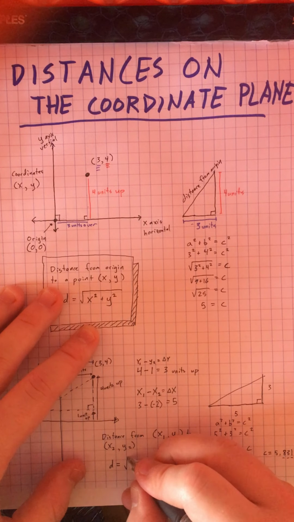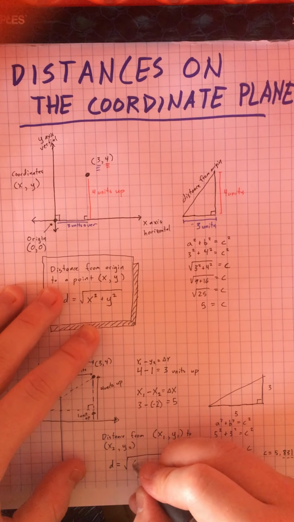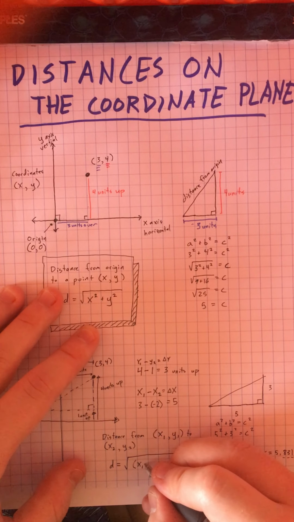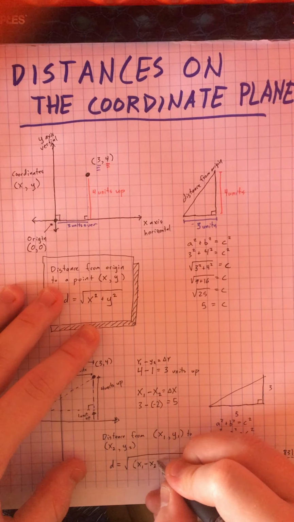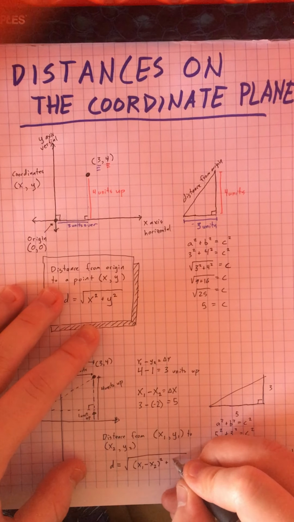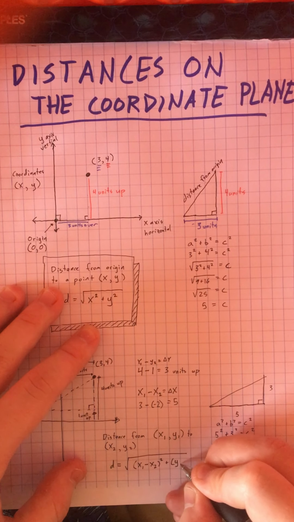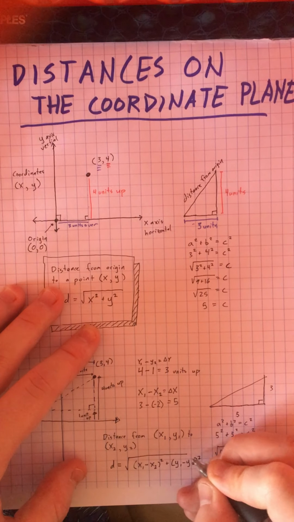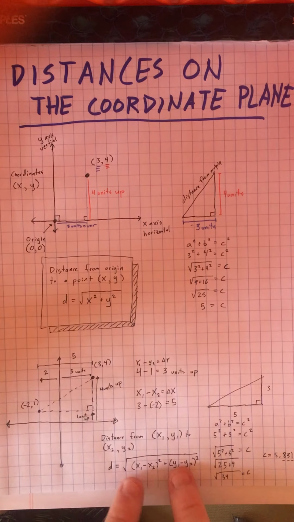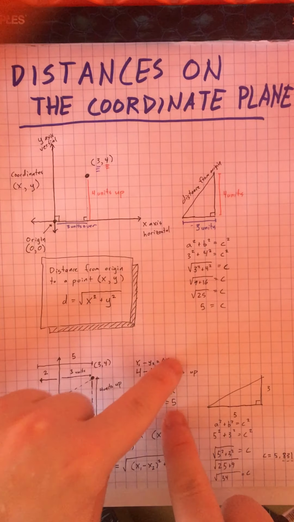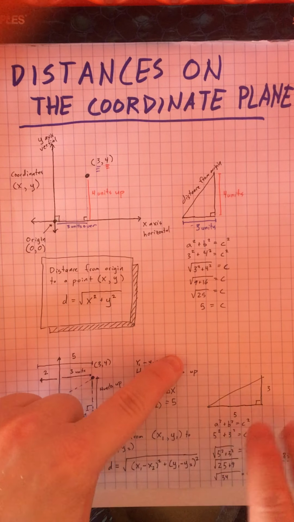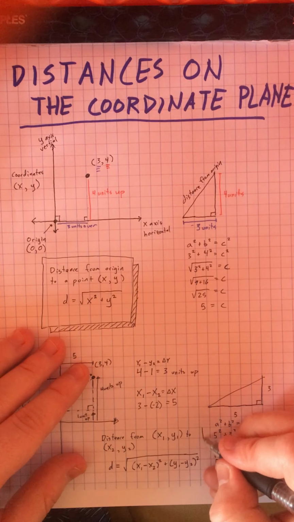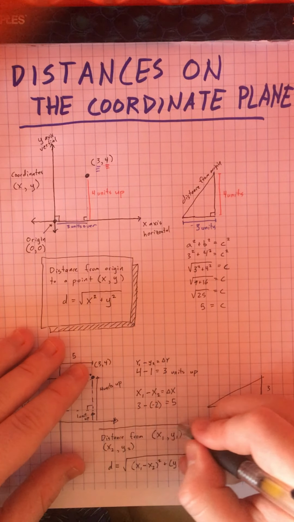Distance equals the square root of the difference of the x's plus the difference of the y's. We do the subtraction to figure out what are the lengths of the sides of this right triangle, and then we use the Pythagorean theorem to solve for the resulting distance.